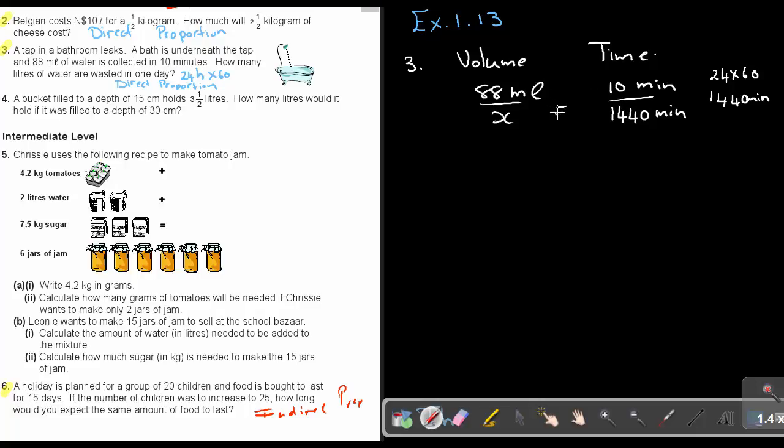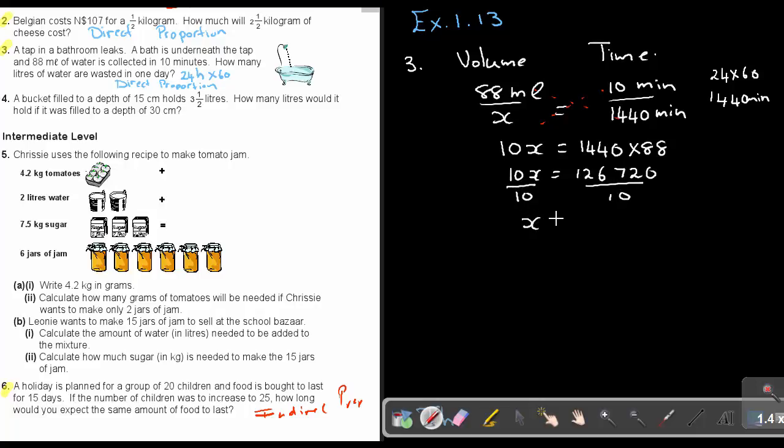Remember, it's still direct proportion. So I do this, and I cross multiply to find that unknown because there's an equal sign. So then I'm just going to say 10x equals 1440 times the 88. So 10x is going to be 126720. I divide 10, I divide 10, and the answer of x will be 12672.